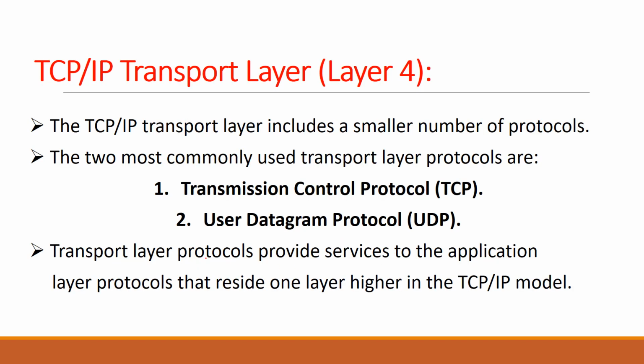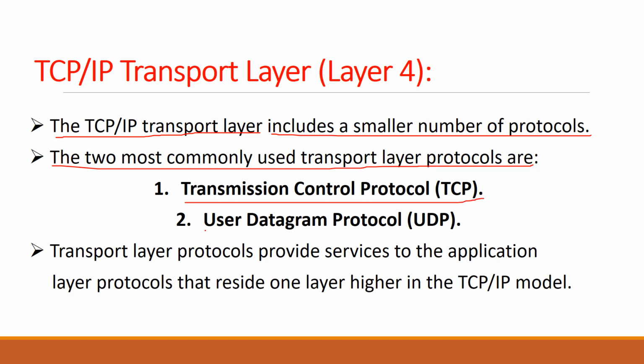So let's go to the lower layer, which is the transport layer in the TCP/IP. The TCP/IP transport layer includes a smaller number of protocols. As we mentioned, the two most commonly used transport layer protocols are the Transmission Control Protocol and the User Datagram Protocol. There are no more than these two protocols inside the transport layer. The transport layer protocols provide services to the application layer protocols.